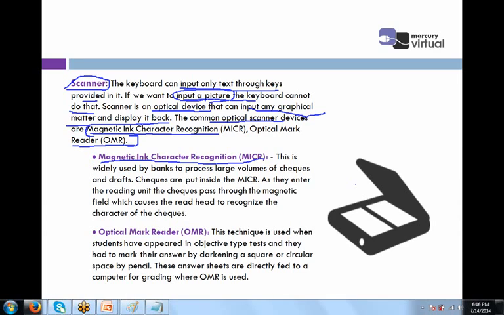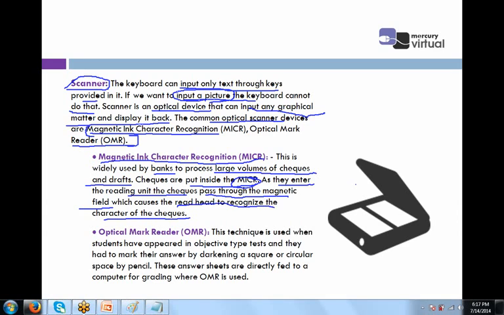Now let's see. This is widely used by banks. As I told you, banks use it to process a large volume of checks and DDs, that is, demand drafts. Checks are put inside the MICR, which is a device. As they enter the reading unit, the check passes through a magnetic field which causes the read head to recognize the characters.